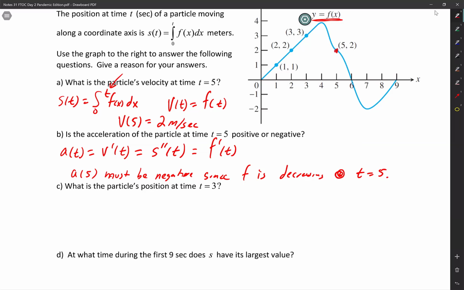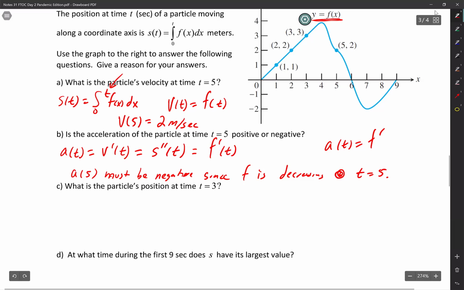I have a question. Yes. Why wouldn't it be 0? It is a point of inflection, but acceleration is just the first derivative of f, not the second derivative. Okay. Do you know what I mean or no? Because I don't feel like that answers your question. This is velocity.